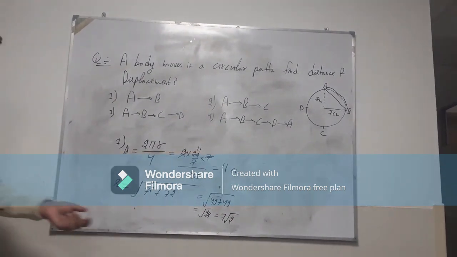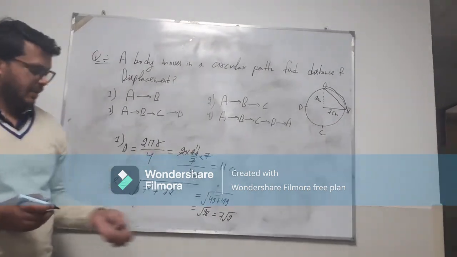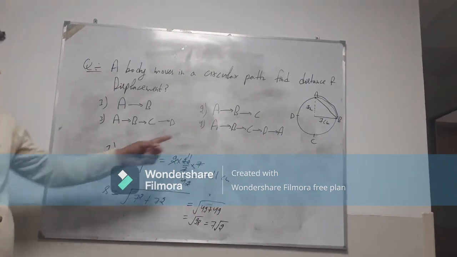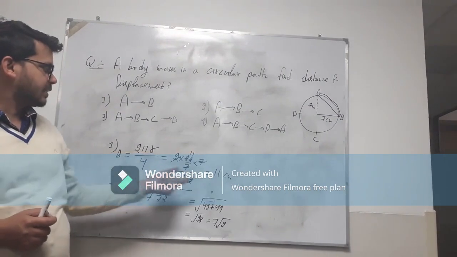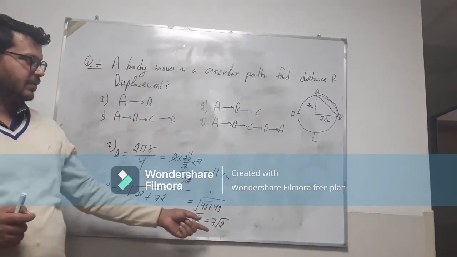This is the displacement. Understand? For AB, the distance covered is 11 centimeter and the displacement is 7 root 2.